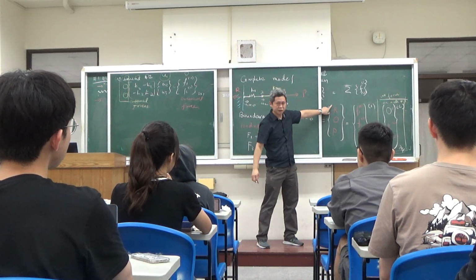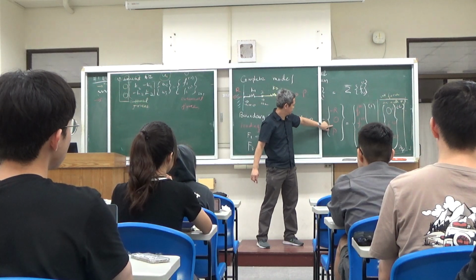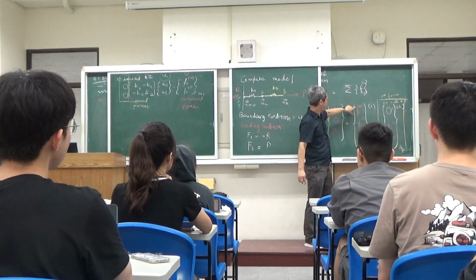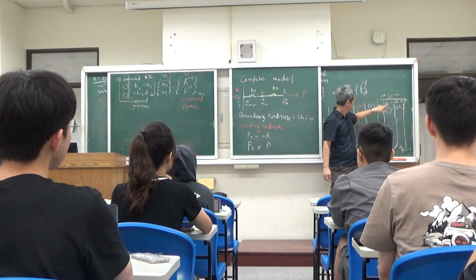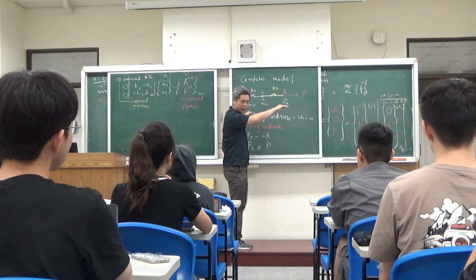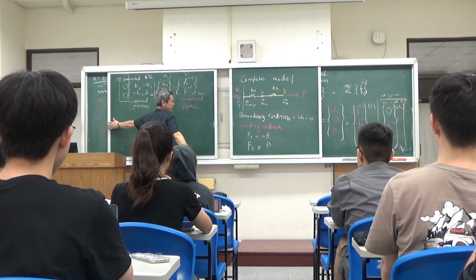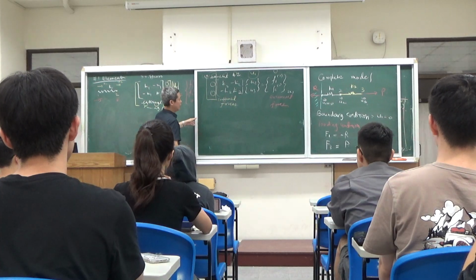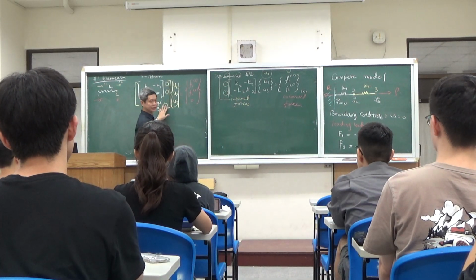The total force coming from external one is minus R, 0, P. Coming from internal one is F11, F21, and then F12, F22. Remember the row position.